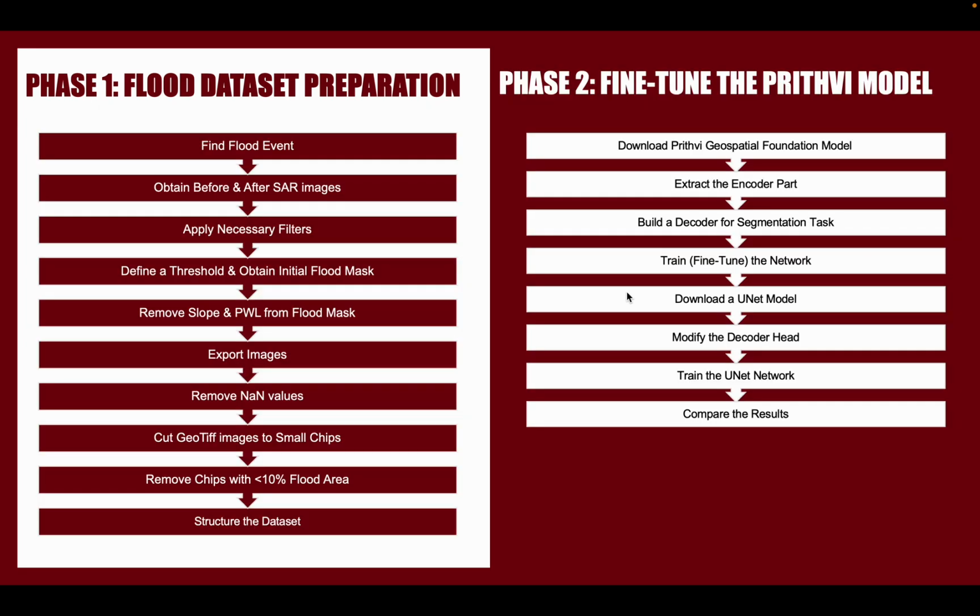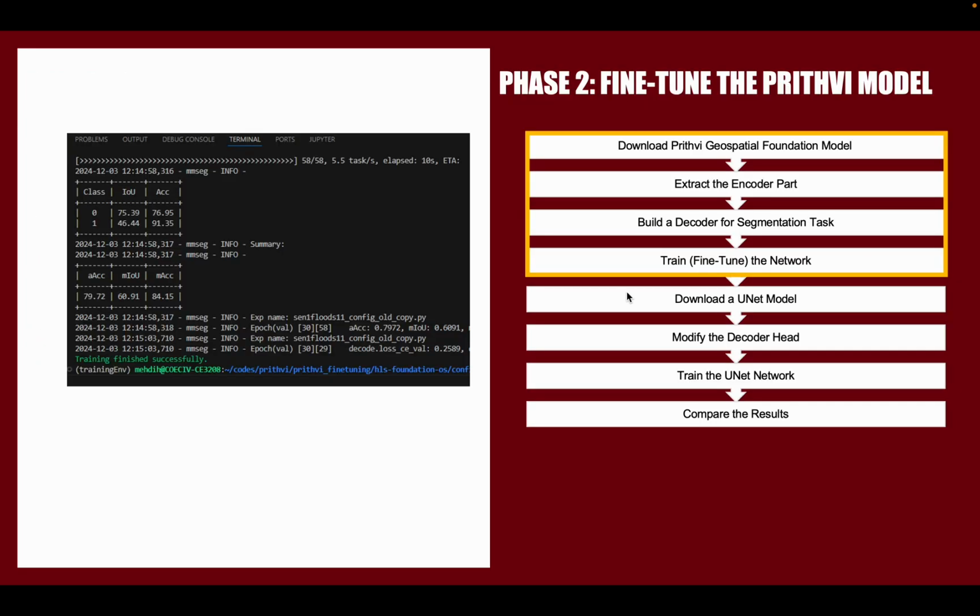Moving on with the second phase, I downloaded the Prithvi Geospatial Foundation model. I extracted the encoder part, added a decoder for a segmentation task, and I trained it on the small flood dataset that I have.